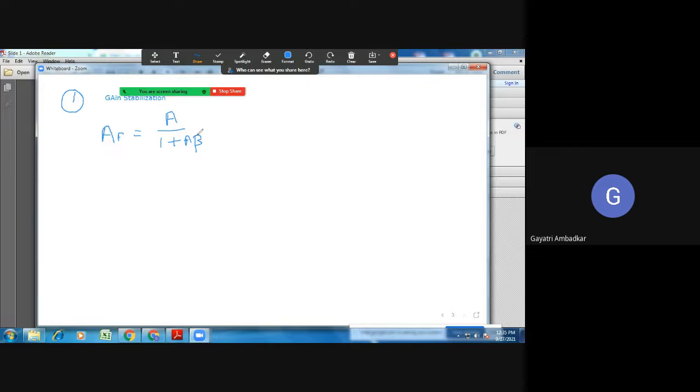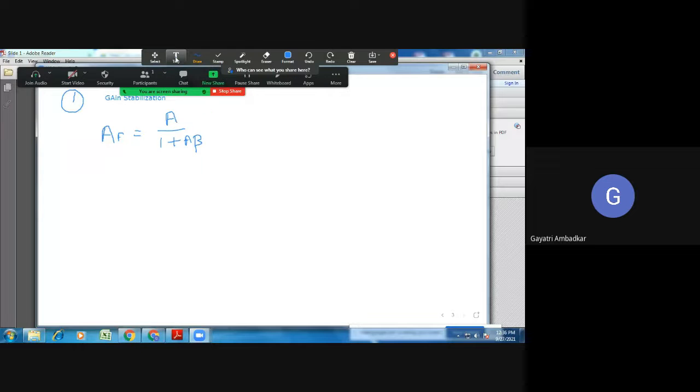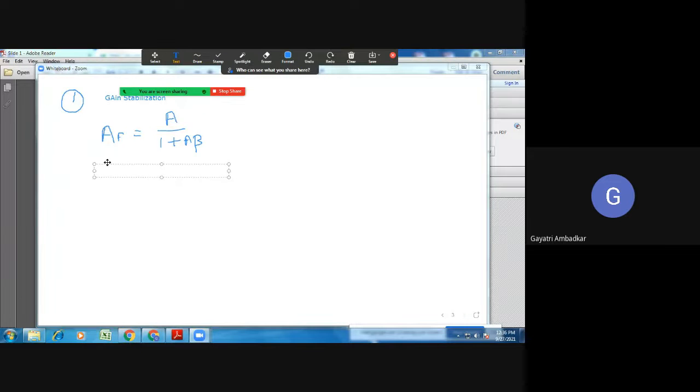Now, when I want to find changes or variation in the gain, I have to differentiate this gain. A derivative gives us the rate of change. It tells us about change. I have to prove that when we apply negative feedback, the gain variations are reduced. The gain is stabilized, not fluctuating.